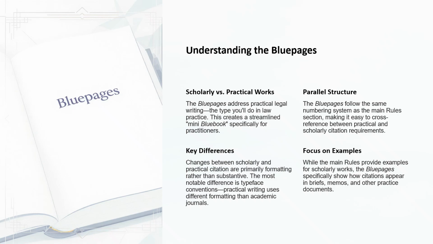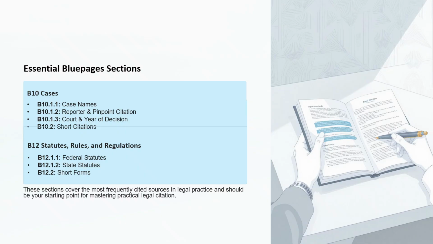In the rules for constitutions and statutes, that's 11 and 12, and the ones for secondary sources in 15, 16, and 17, you'll see examples with a lot of large and small caps in the white pages, but you're not going to use that, because you'll be drafting those same citations for practitioner work, so you'll use ordinary Roman type, and that's how you'll see the examples in the blue pages.